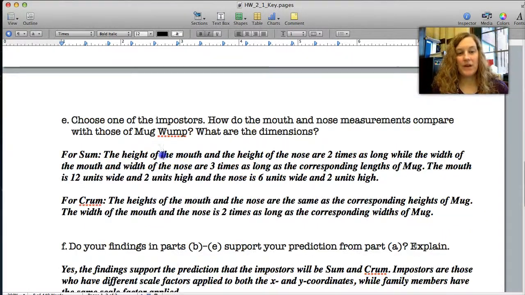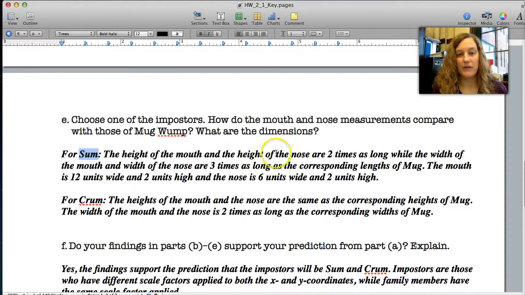For the imposters, it changes. For sum, the height of the mouth and the height of the nose are 2 times as long, while the width is 3 times as long. So again, we made it 2 times taller but 3 times wider. So we're no longer similar. So our angles aren't going to be the same. We're not going to worry about calculating area or anything like that because they're not similar.